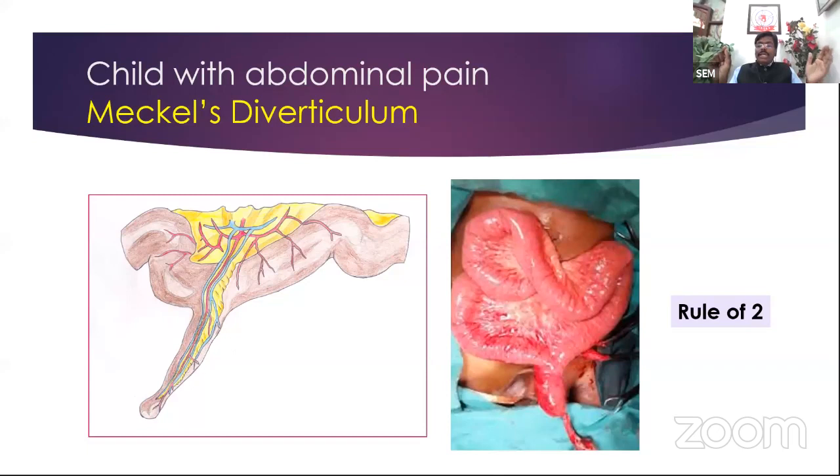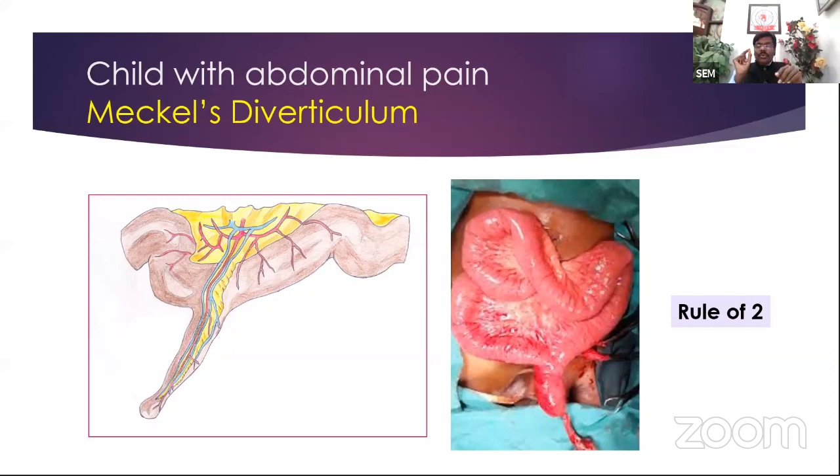A pseudodiverticulum only has mucosa and serosa at the maximum. Classical examples of pseudodiverticula are sigmoid pseudodiverticula, periampullary diverticula, or pharyngeal diverticula like Zenker's diverticulosis. Meckel's diverticulum is a true diverticulum, a very, very important thing you should realize.